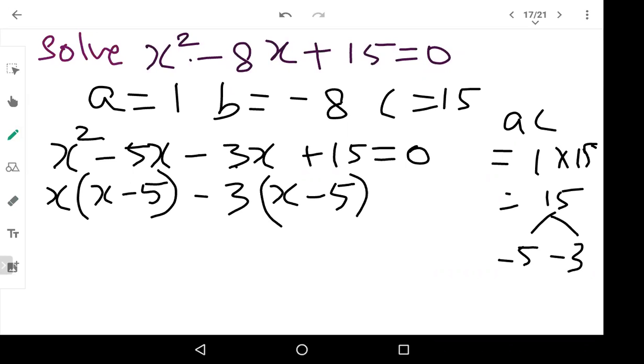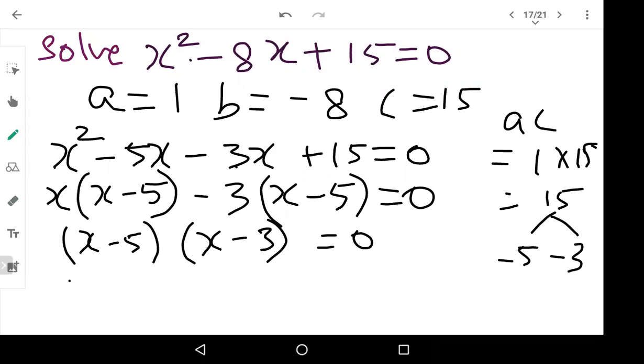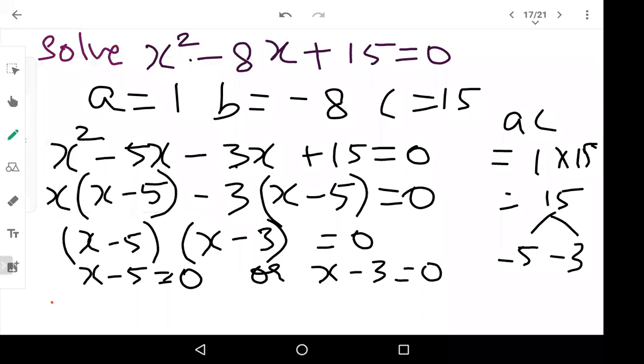I can take minus 3 as common. Now is equal to 0. So x minus 5 into x minus 3 is equal to 0. So x minus 5 is equal to 0, or x minus 3 is equal to 0. Therefore, x is equal to 5 or x is equal to 3. This is going to be our answer.